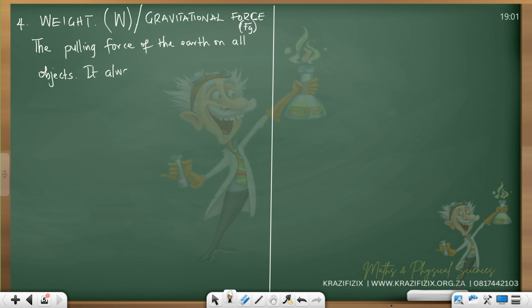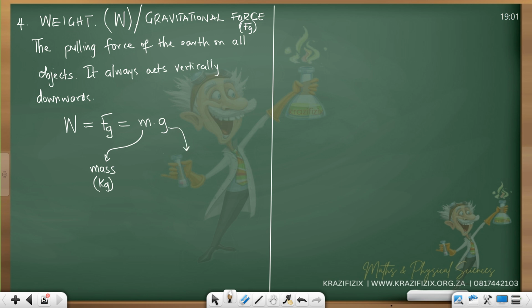It always acts vertically downwards. Always. So the weight is the same as the Fg, which is equal to m times g, where m is what? Mass measured in kilogram. And what is g?